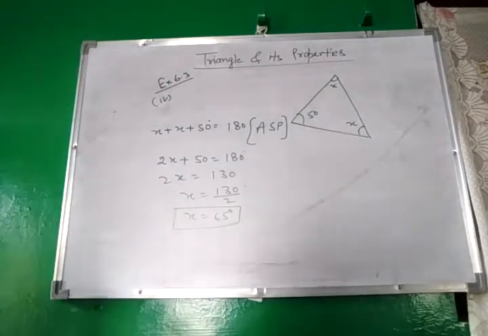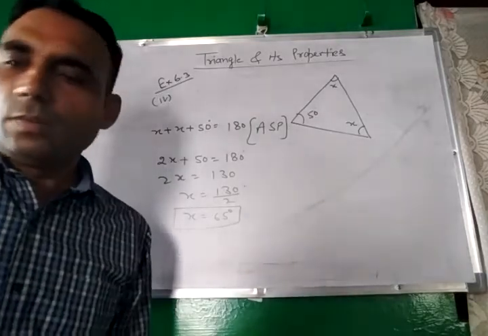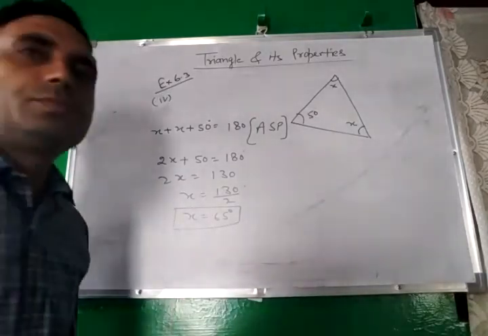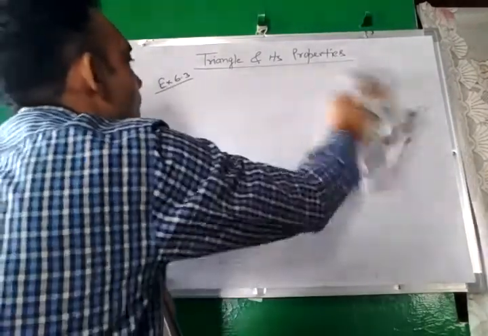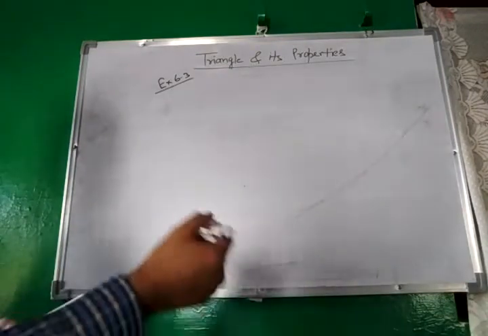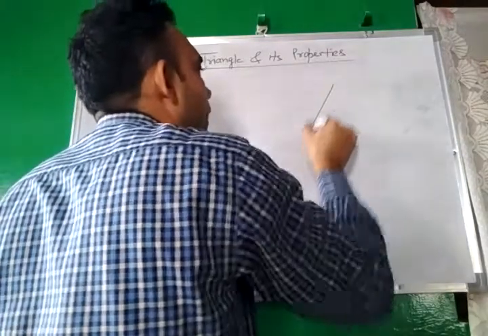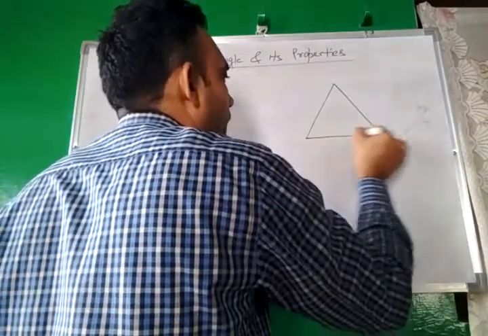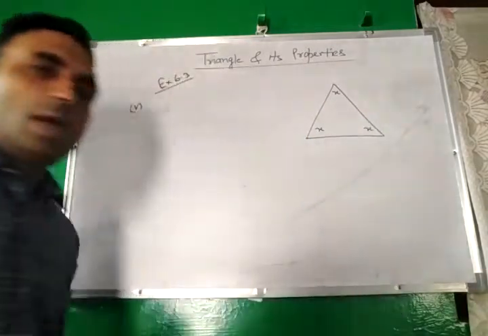Likewise, part number 5. Part number 5, all three angles are x. This is the triangle, this is x, this is x, this is x.